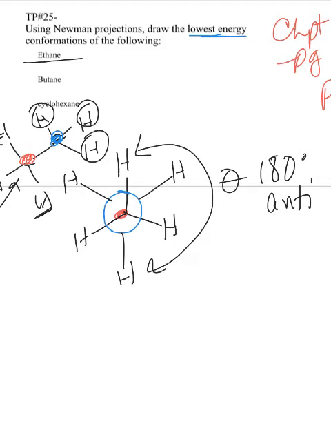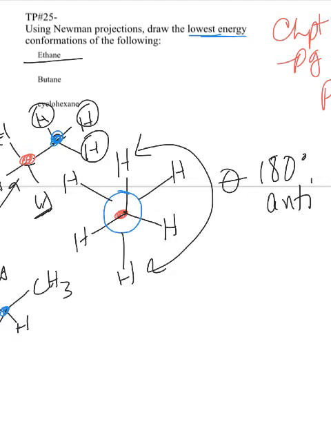Ethane's not that big of a deal because it's just 2 carbons and they're all hydrogens. But when you get into butane, you have different conformations because you get rotation around the single bond. So what's this look like? Let's look at this bond. We'll still keep the same red in the front and blue in the back.